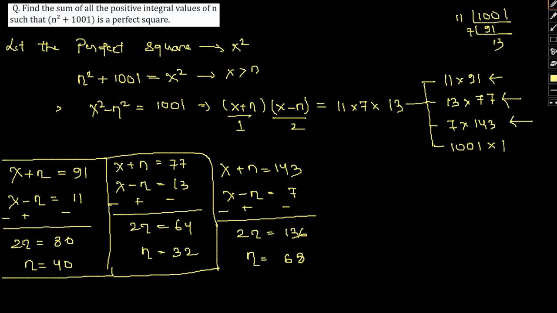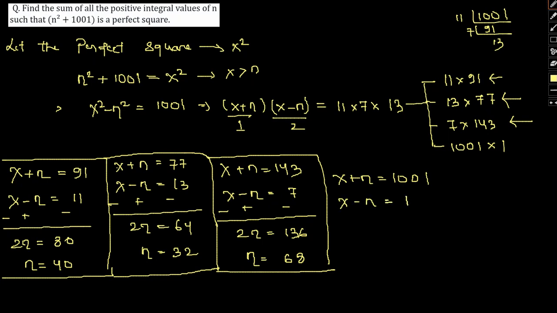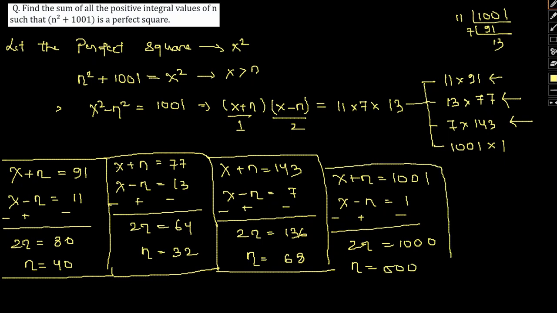Third value of n. And finally x plus n is equal to 1001, x minus n is equal to 1, so twice n is equal to 1000, or n is equal to 500. So these are my 4 values of n.